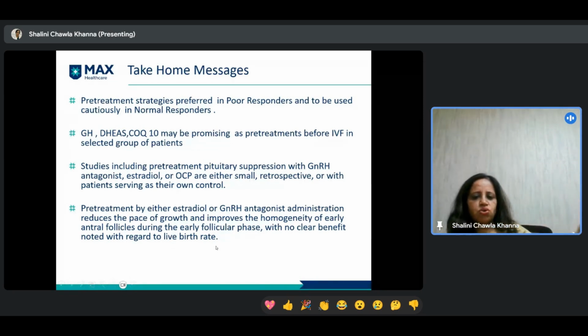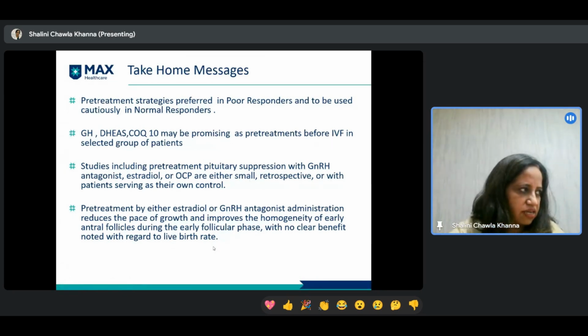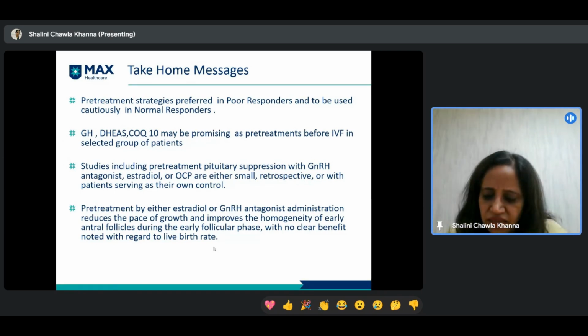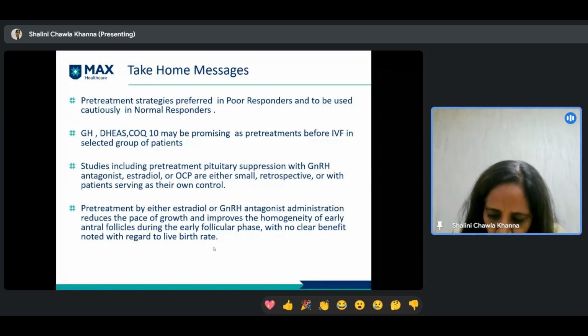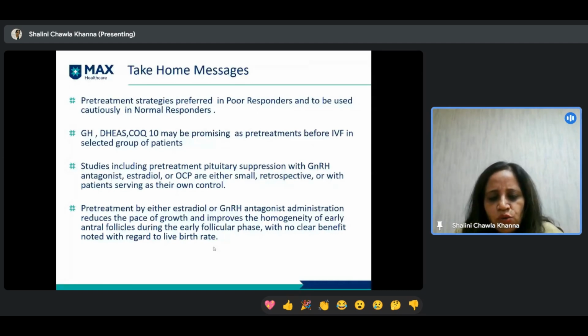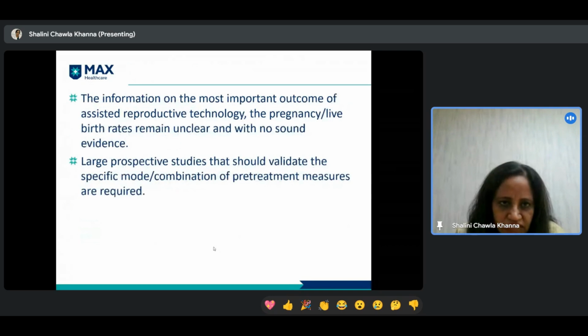That is what the literature is trying to show us: definitely you might find a good homogeneous cohort of follicles, but the eventual net result is not beneficial. The live birth rate does not increase.